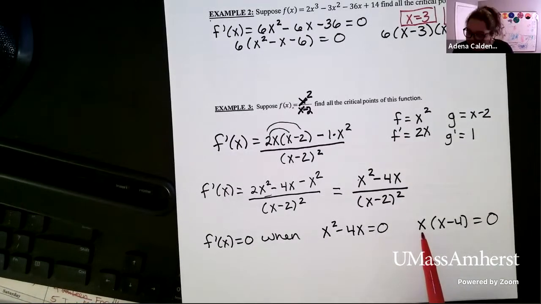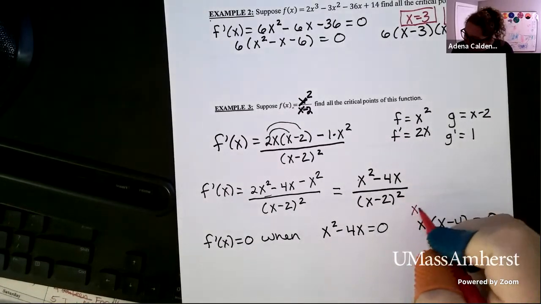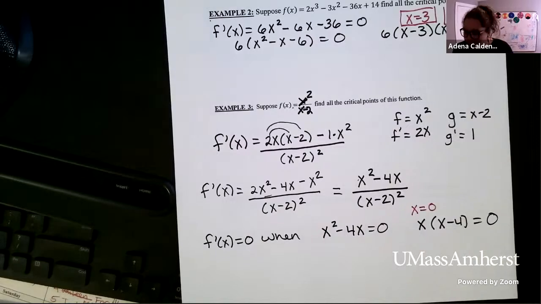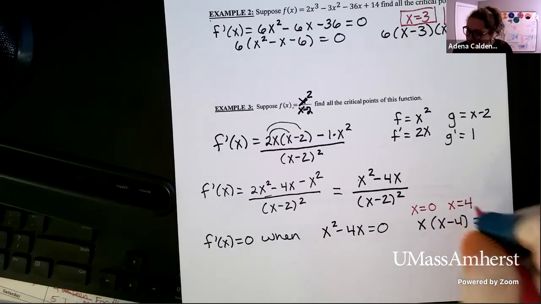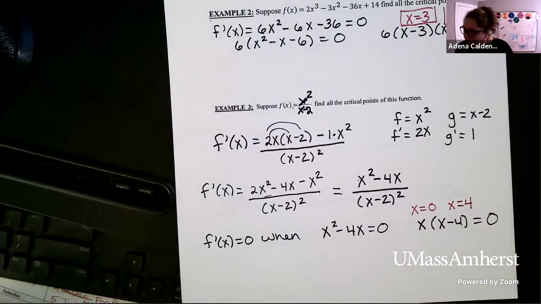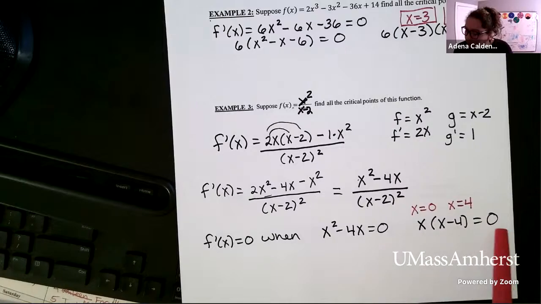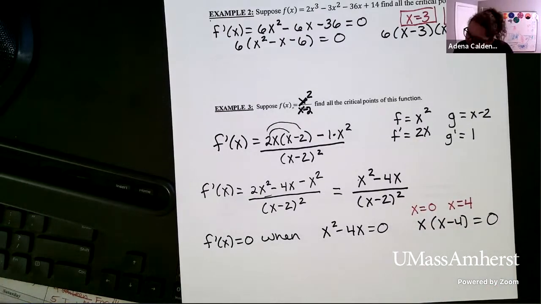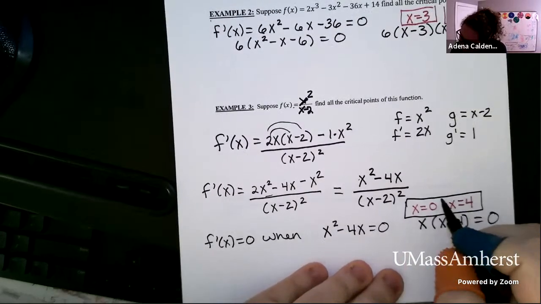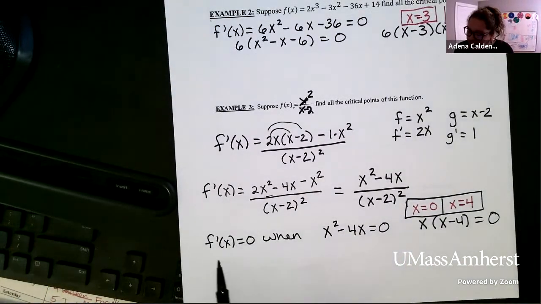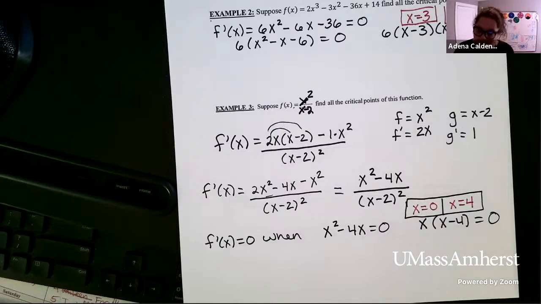So here, since I have an x, one solution is x equals 0. And then I think about my second factor, x minus 4. So a second solution is x equals 4. So x equals 0 and x equals 4, both solve this. Okay, so that's 2 critical points because that's going to be when my first derivative equals 0.